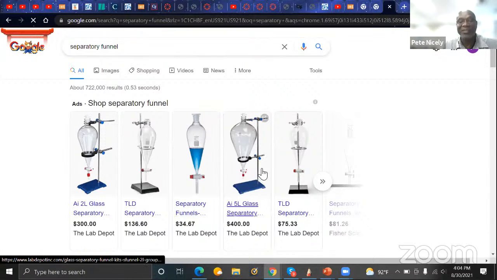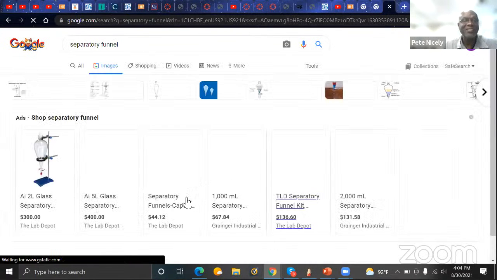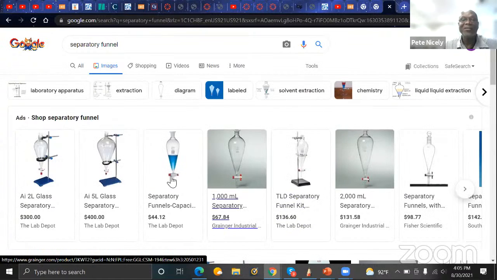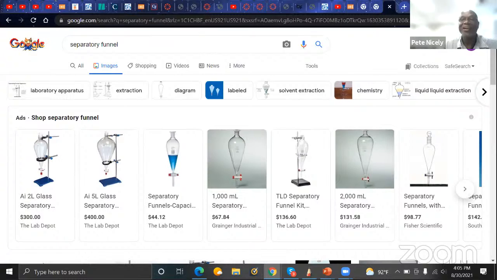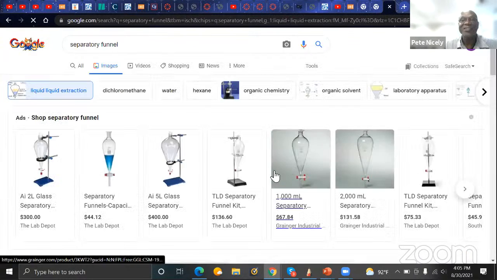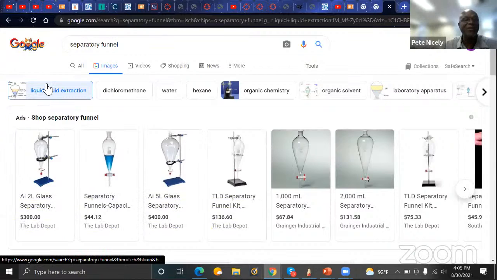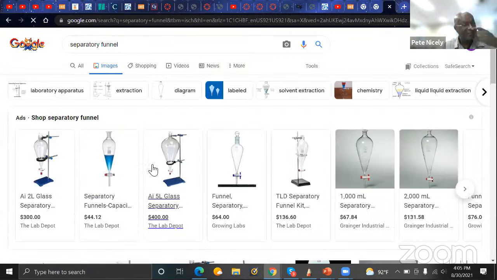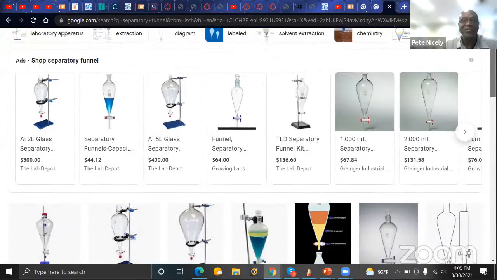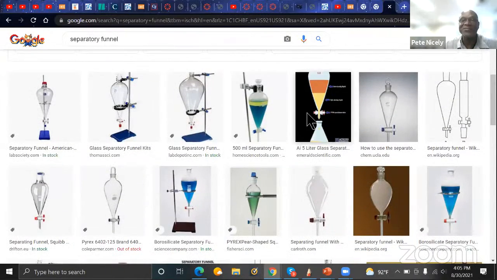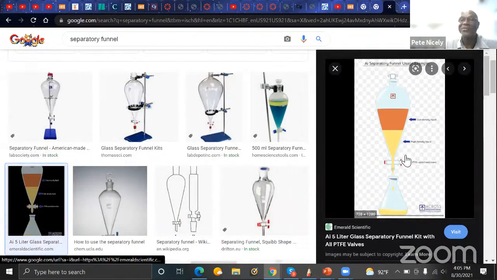Let me choose images. Which one shall I use? Let me use this diagram right here. Let me scroll down and see. All right, let me use this here as an example.